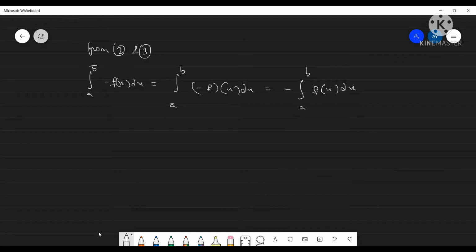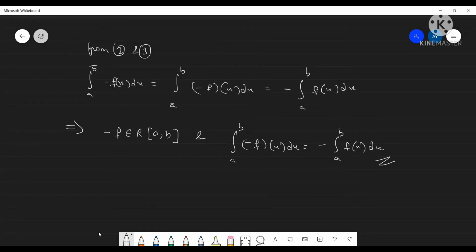And this implies minus f belongs to R over [a, b], and integral a to b of minus f of x dx is equal to minus integral a to b of f of x dx. Okay, hence proof. This is what we wanted to prove.